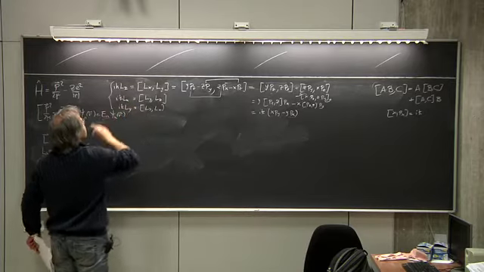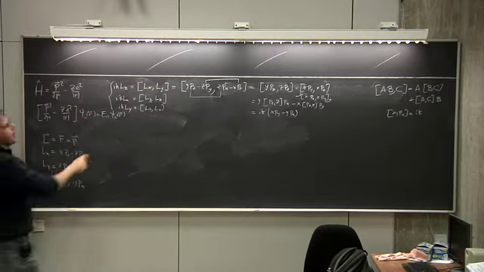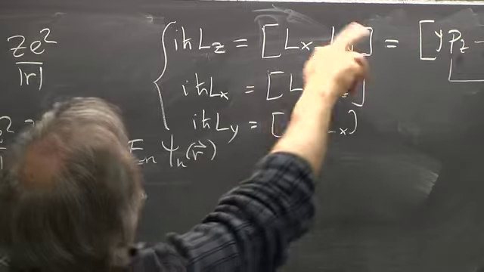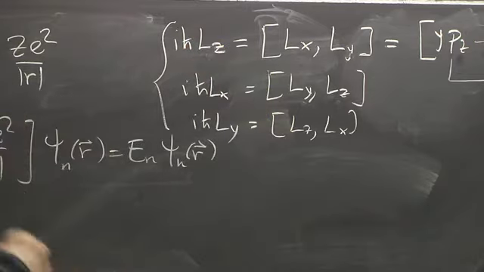Okay? So in a cyclic way, they all appear essentially the same. Two consecutive ones are just equal to i h bar, the next one in the cycle, x, y, z, x, y, z. Is this clear?